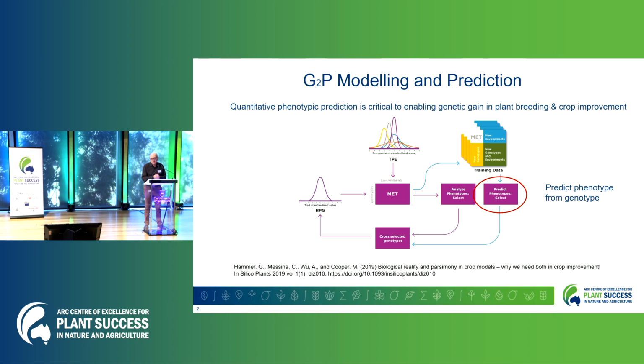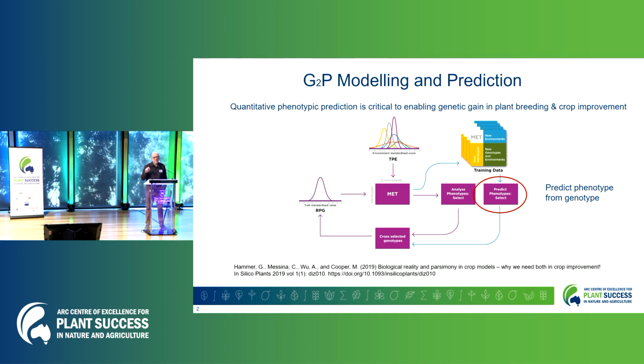So you've got a selection of genotypes. You test those in a sample of your target population of environments, and you get phenotypic data there that enables you to analyse and potentially select and go around that cycle by crossing amongst those selected few to find the improved ones.